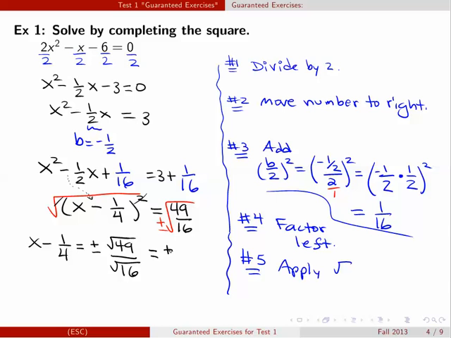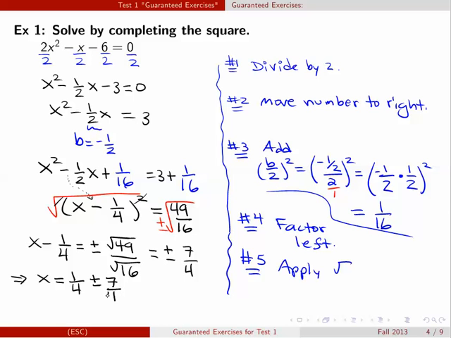Now to finish, the last part is move the 1 over 4 to the other side, and switch the sign, so it becomes 1 over 4. We still have the plus or minus 7 over 4. Now this is an answer that mac1105 won't take.